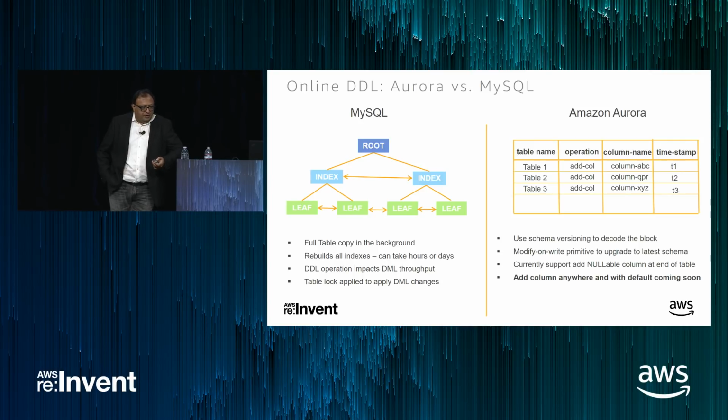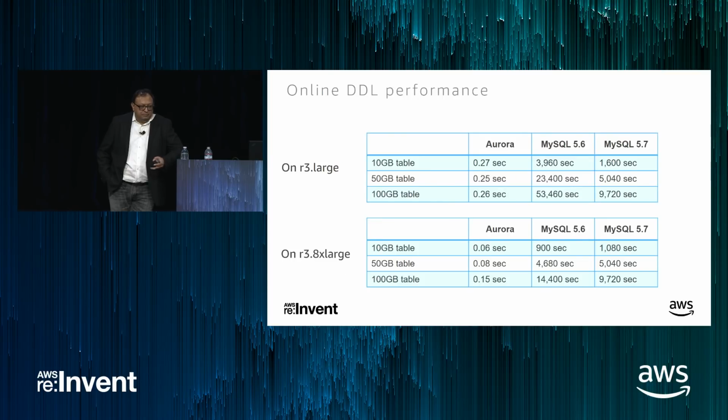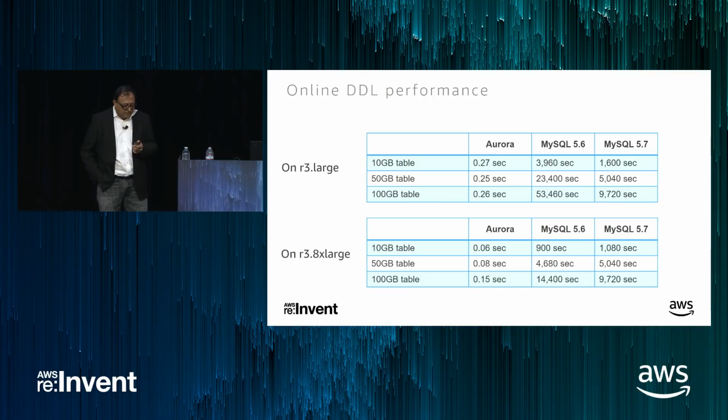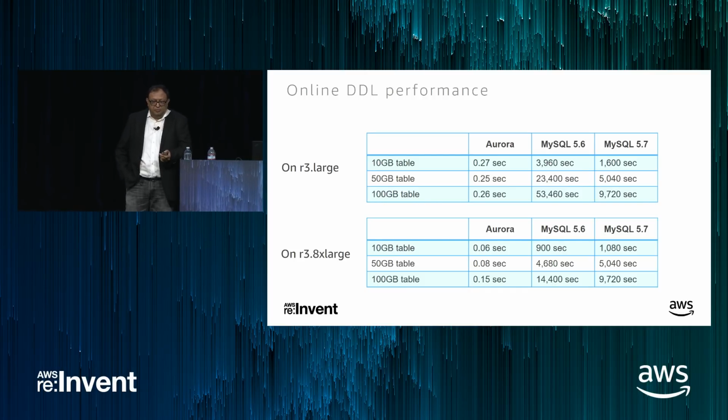And if you look at the numbers, it's ridiculous. You can see that 5.7 is a ton faster than 5.6 in this regard. So if you're using 5.6, you should really think about 5.7. It's many orders of magnitude different, and it just doesn't make any sense how different the approach is.